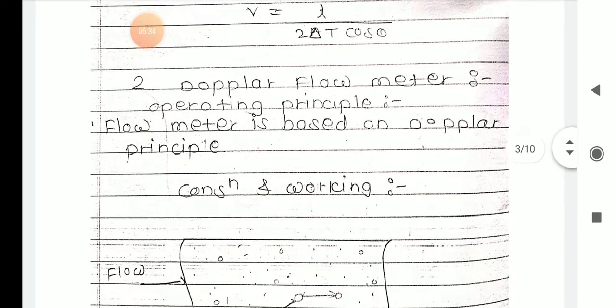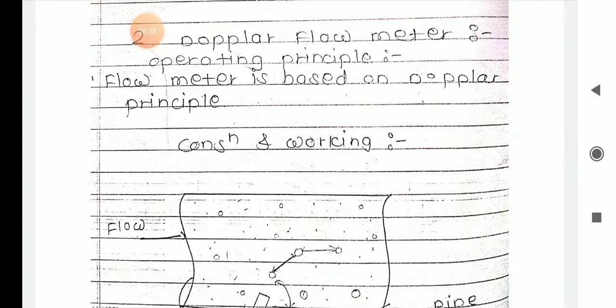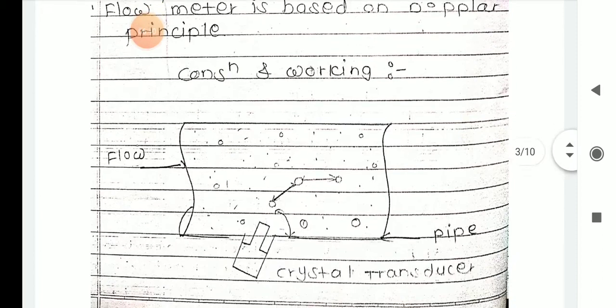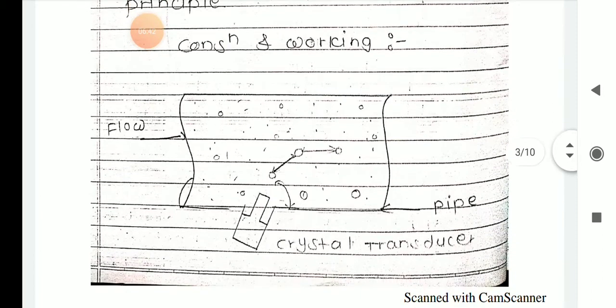So second one, in ultrasonic flow meter, the Doppler flow meter operating principle. The flow meter is based on the Doppler principle, as we can observe in the diagram. You can take one example of the Doppler principle: a person waiting for a train is the source, and the coming train is the destination.